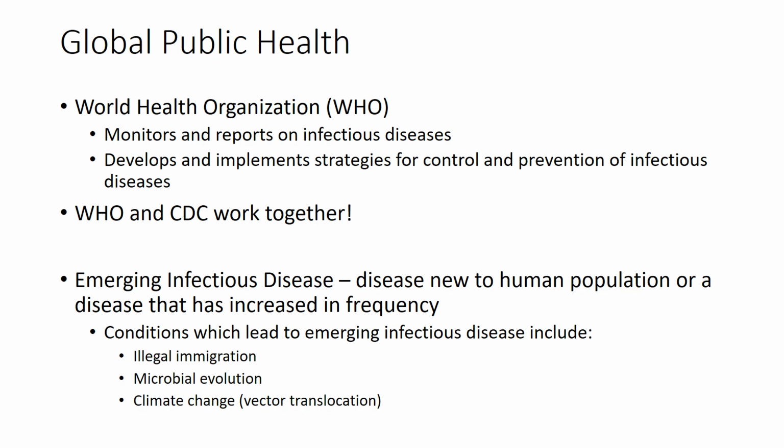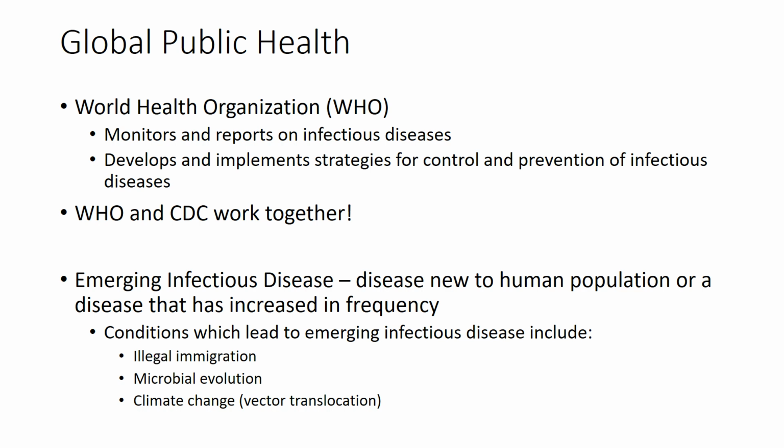And the CDC is the United States' way of working with all of these other countries to help control and prevent infectious diseases. All over the world, including the United States, we monitor diseases that may be new to the human population or that we've seen a change in. We call these diseases emerging infectious diseases.